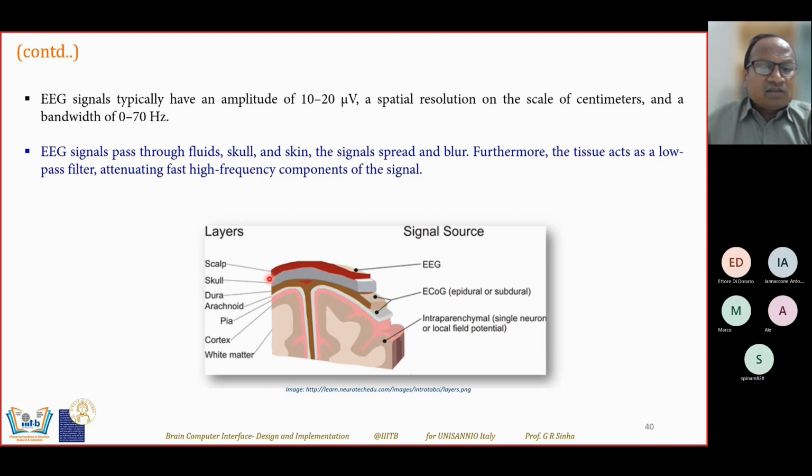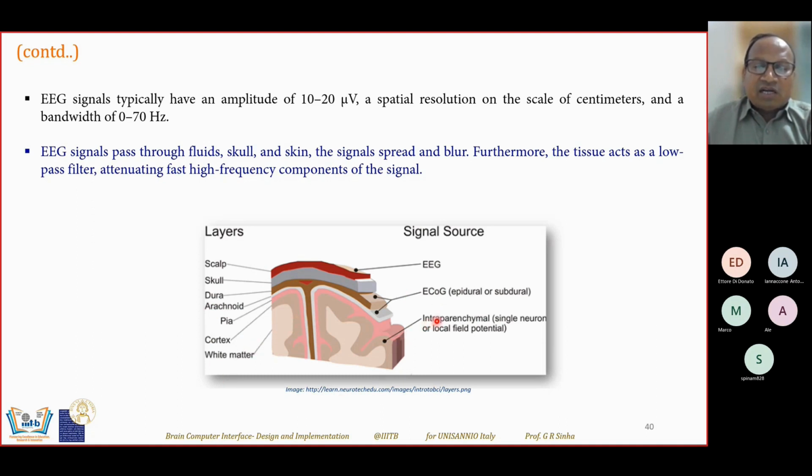Just inside the scalp is the skull, and there is an area called the dura. And then there is a white colored area called the arachnoid. Between the arachnoid and dura, we insert ECoG. And there is the pia, then the cortex. This area is the cortex. And there is white matter.